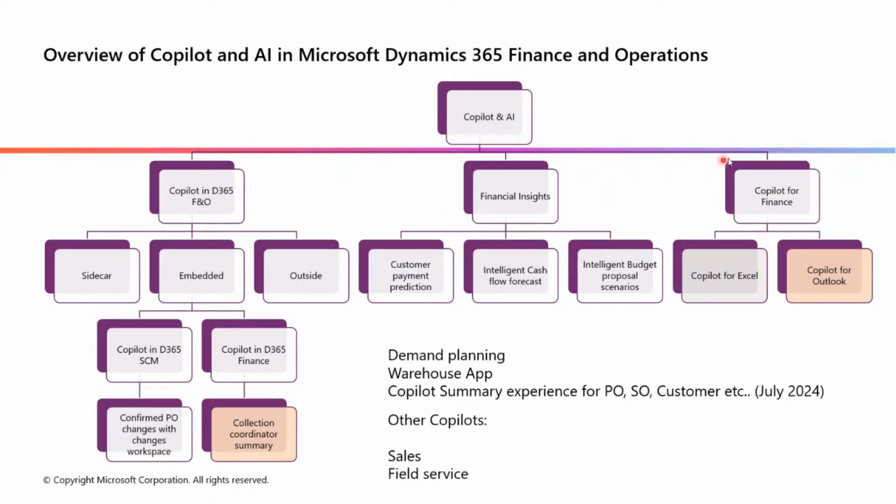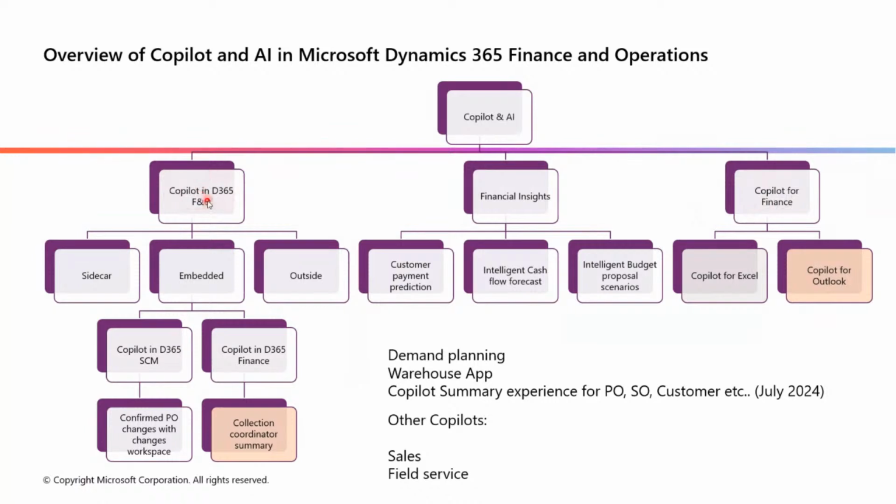Copilot for Finance is not part of Finance and Operations, though it is integrated with finance and operations, but it is a Microsoft Excel add-in and an Outlook add-in from Microsoft, which helps the finance users to perform certain tasks in the analysis. So the Copilot for Finance is completely different from Copilot in D365.